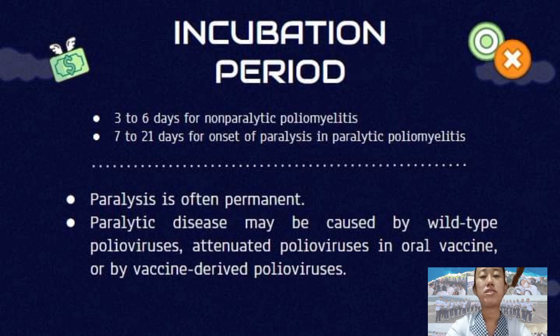So paralytic disease may be caused by wild-type polioviruses, attenuated polioviruses in oral vaccine, or by vaccine-derived polioviruses.